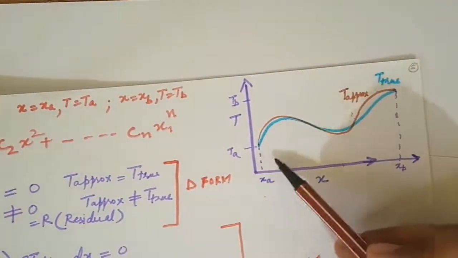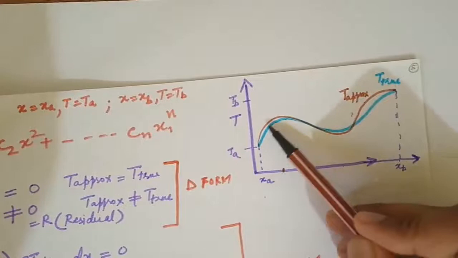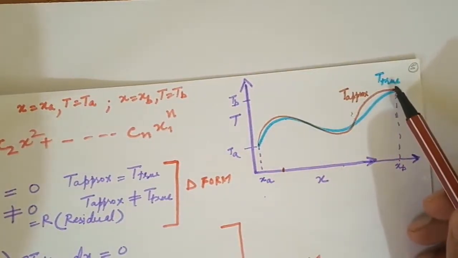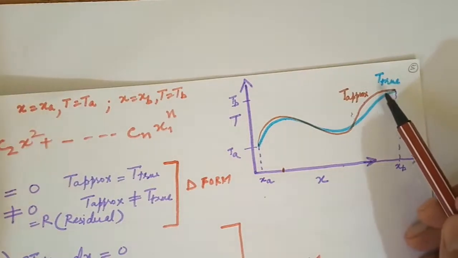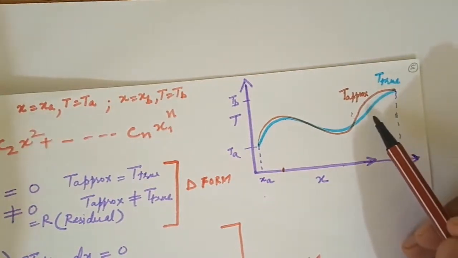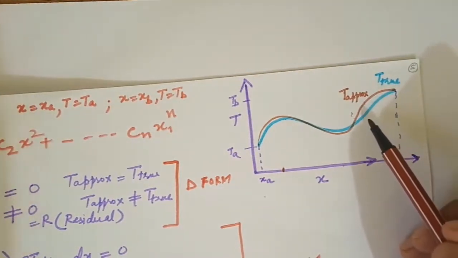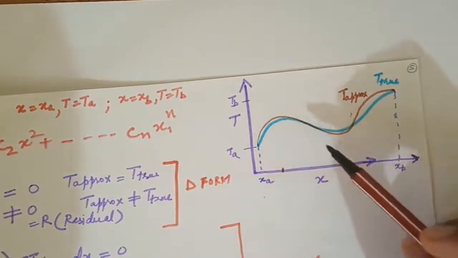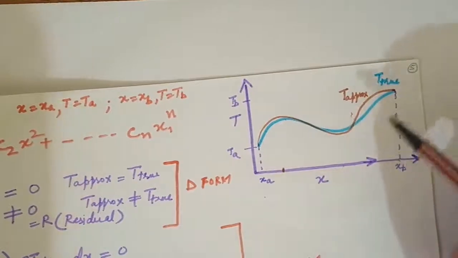But here we are getting a solution that is over the entire domain. Now this could work well if the actual curve was a smooth one, that is, you don't have a large number of valleys and mountains.